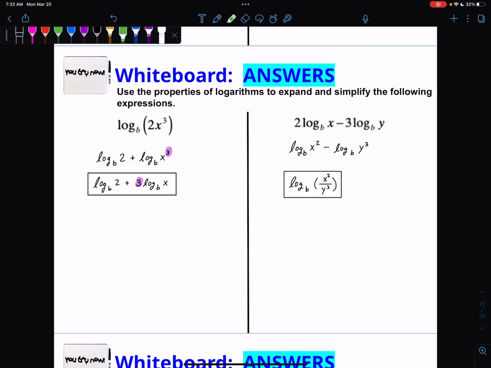For the second one over here, you should have log of x squared, right? Minus log of y cubed, which should give you, when you divide them, a fraction. There you go. It's subtraction, so it's quotient rule.